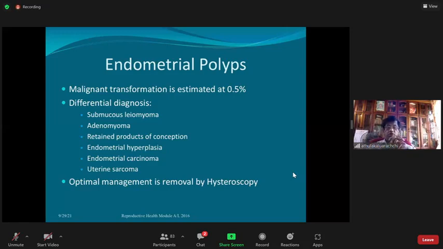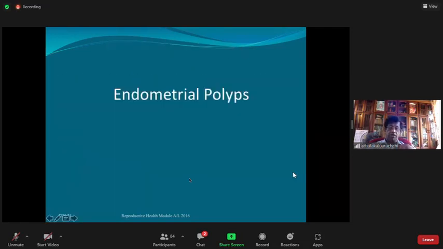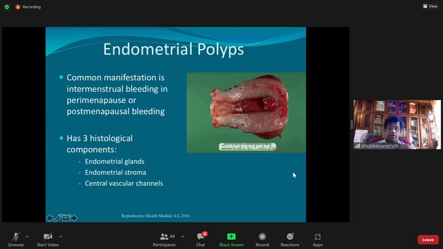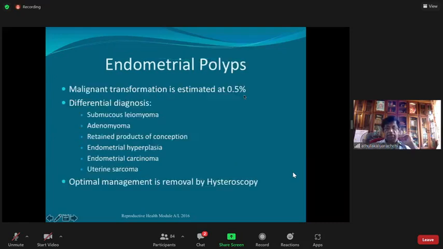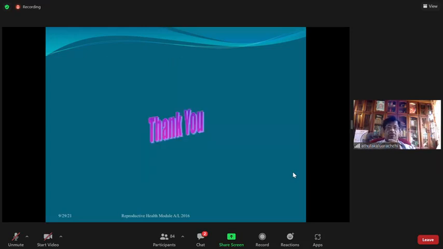So ultimately your diagnosis or exclusion is by doing histology after removing. Very often you can put the telescope inside and do a polypectomy through the hysteroscope.